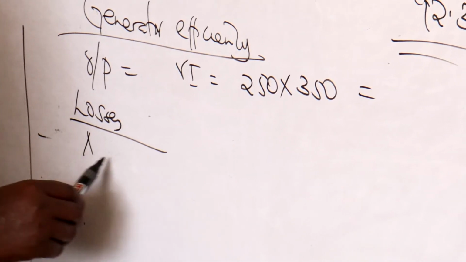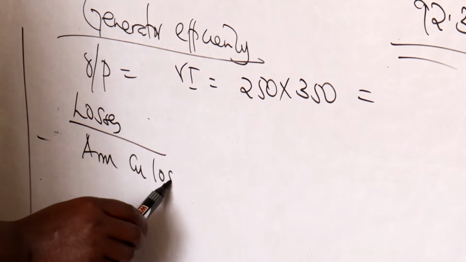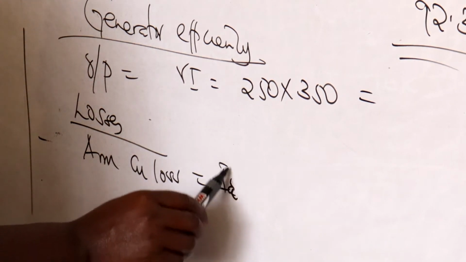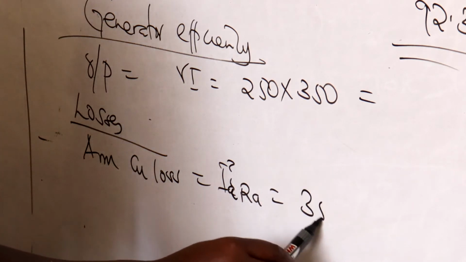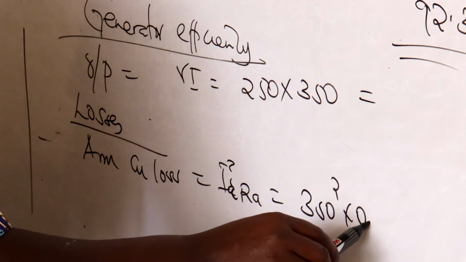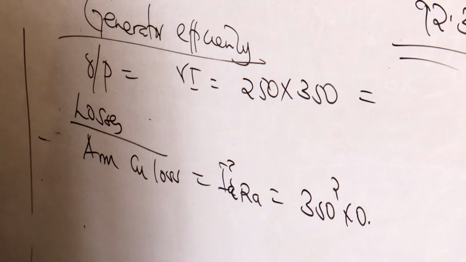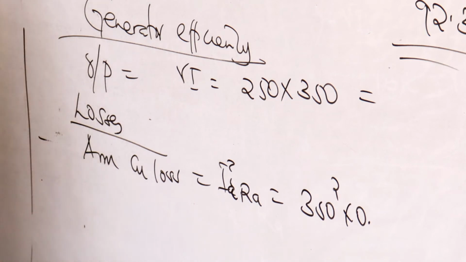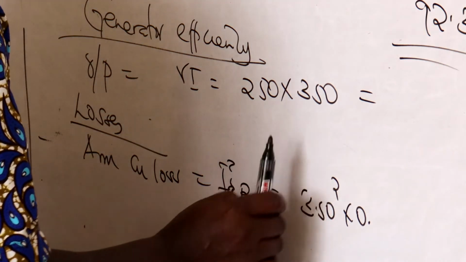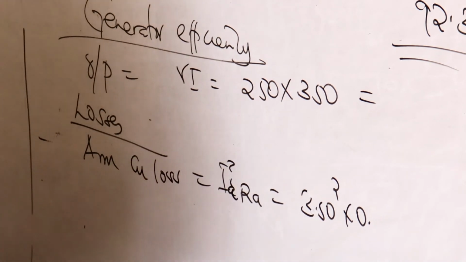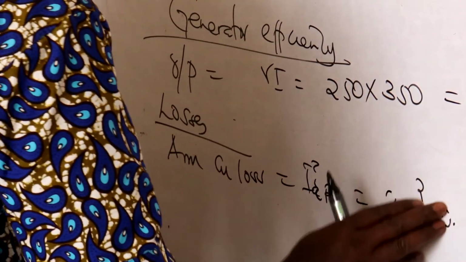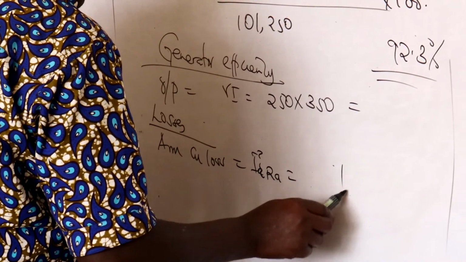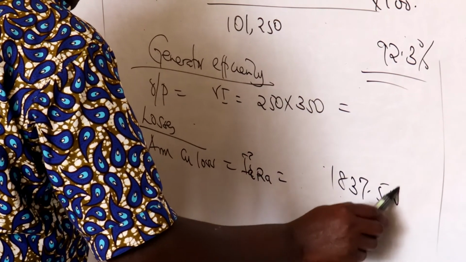We have the armature copper loss, IA squared R. This is the same, 350 squared times 0.15, which is 1837.5.